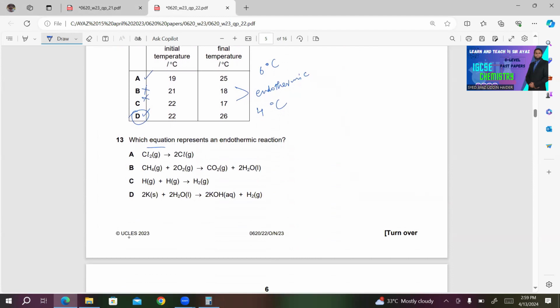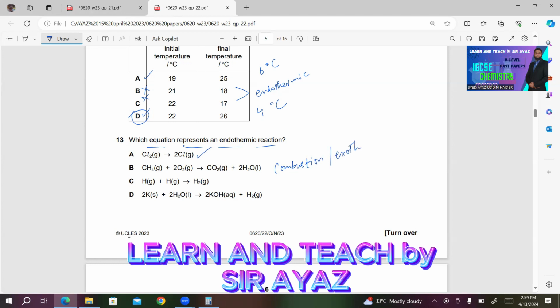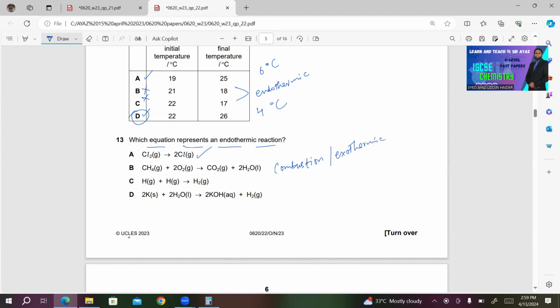Number 13, which equation represents an endothermic reaction? So an endothermic reaction involves breaking of bonds. So this looks correct to me. What about B? B is an example of a combustion reaction. Combustion reactions are exothermic. What about C? C involves the making of bonds.